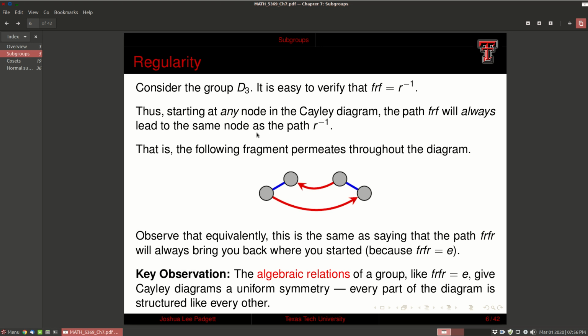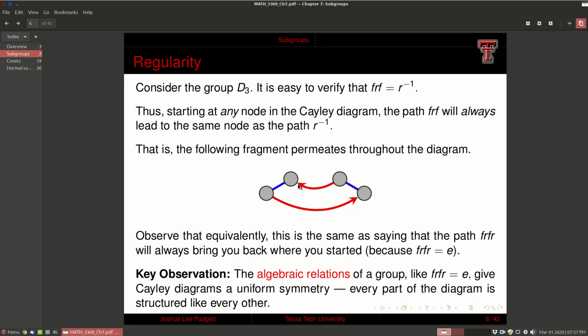All right. So remember, D3 is basically the symmetries of the equilateral triangle, and it's pretty easy to verify, for instance, that if we do a flip and then a rotation and then a flip, this is equivalent to doing a backwards rotation, right? And so this is the kind of path that we see inside of our diagram for D3.